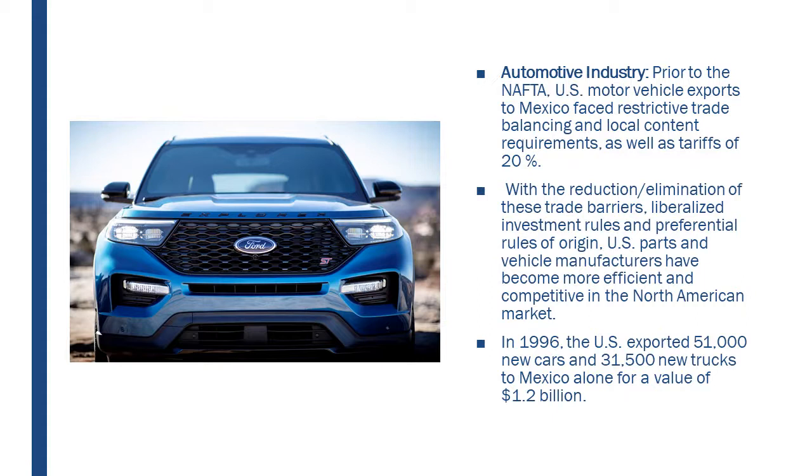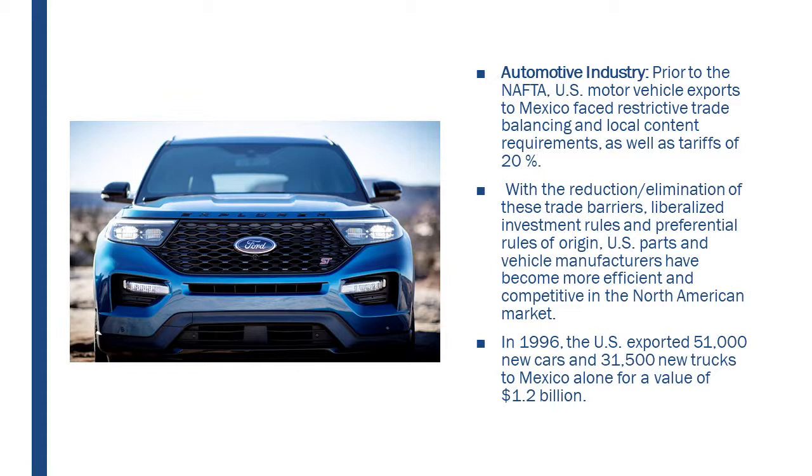The automotive industry is one of the most interesting ones because prior to the NAFTA, U.S. motor vehicle exports to Mexico faced restrictive trade balancing and local content requirements, as well as tariffs of 20%.